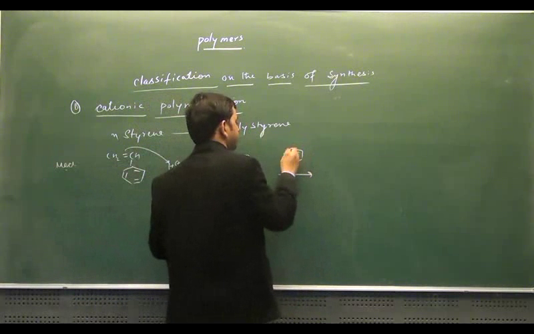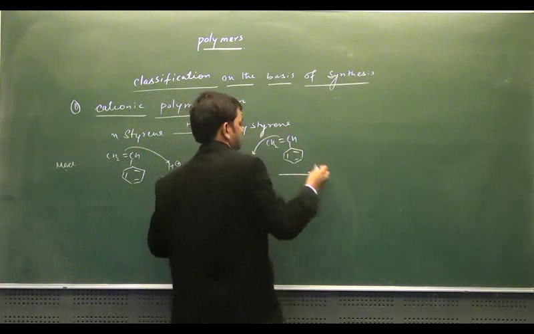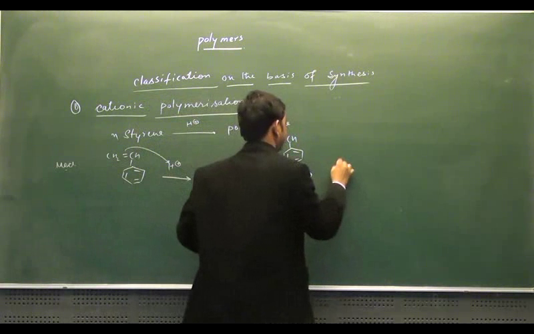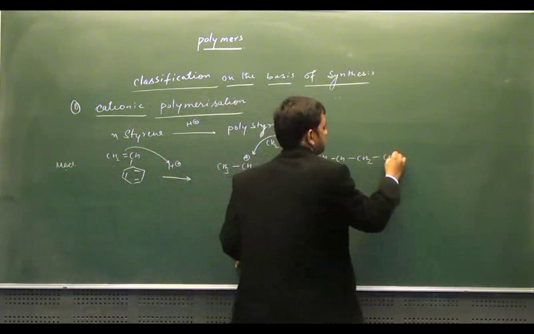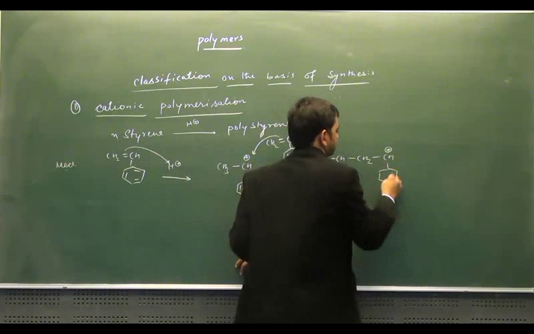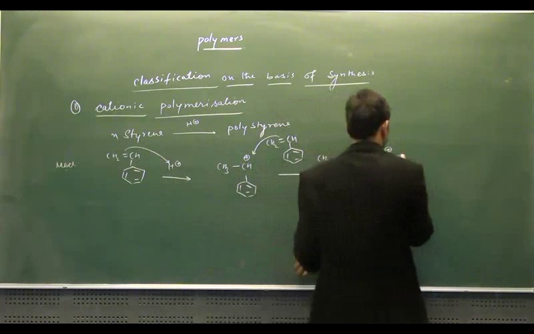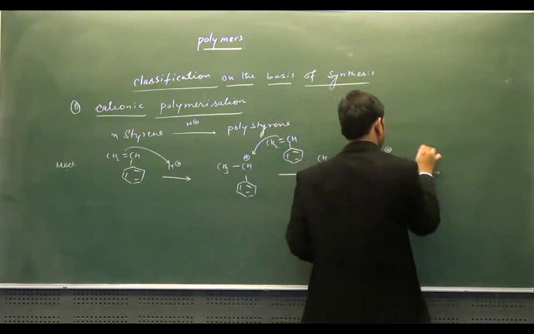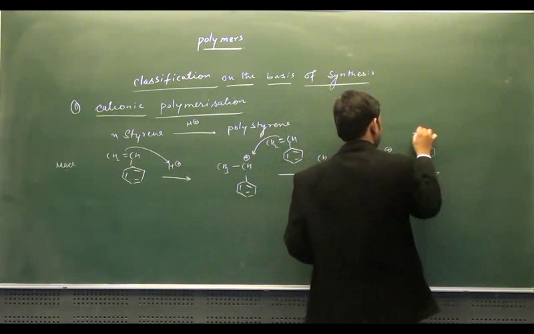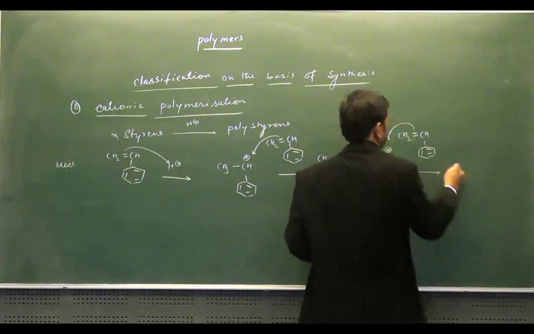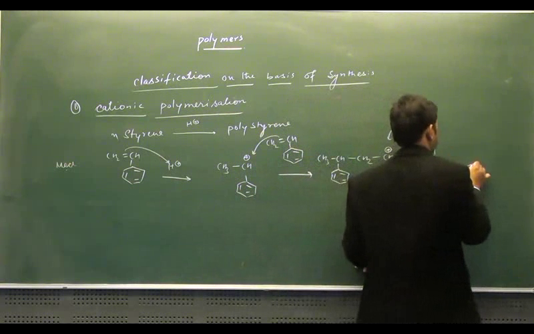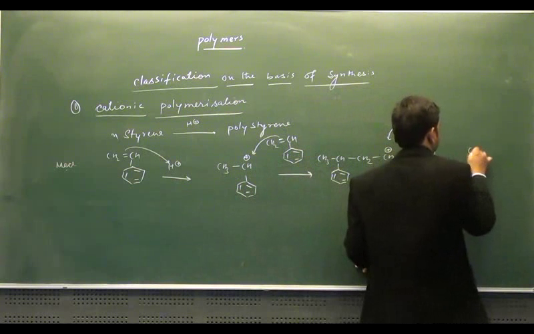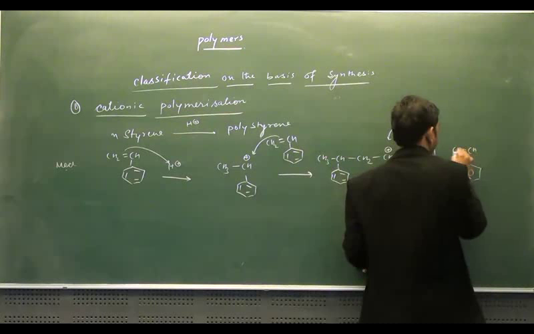The reaction proceeds through the cation intermediate, and addition keeps going on, and so on. So we obtain the polystyrene.